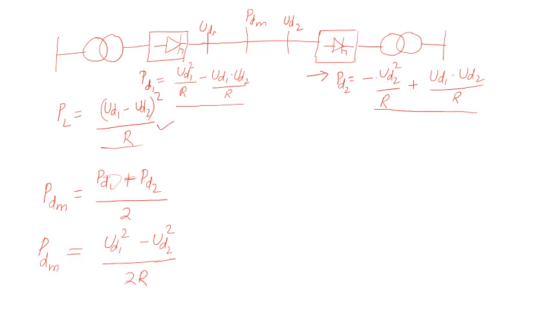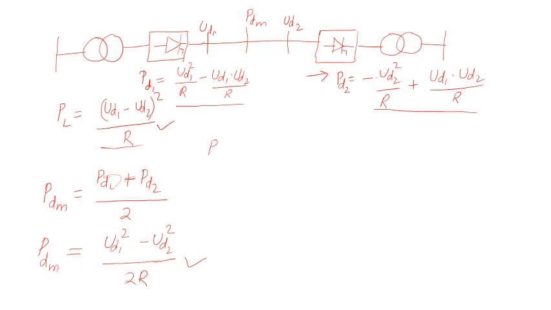The loss power has a difference of the end voltages. The voltage at the middle of the line has a difference of squares of the voltage. So again I'll recalculate, and make sure that it comes either as a square or in this difference form.